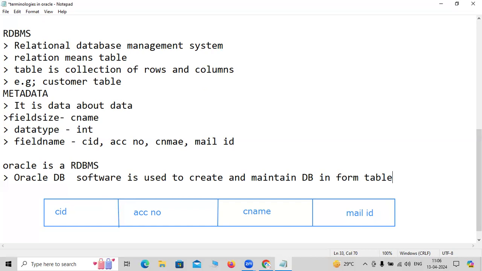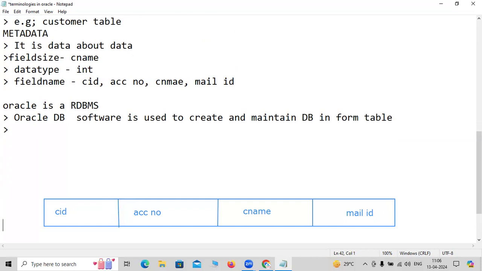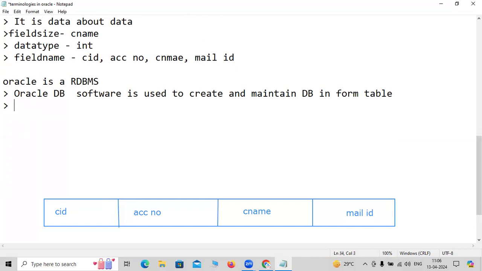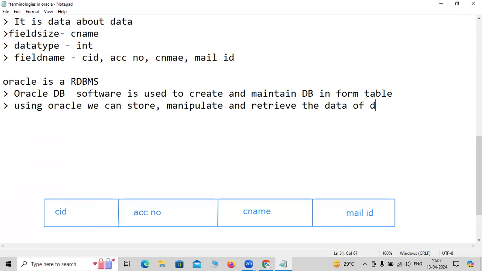So now we will see, using Oracle, we can store, manipulate, and retrieve the data of database.